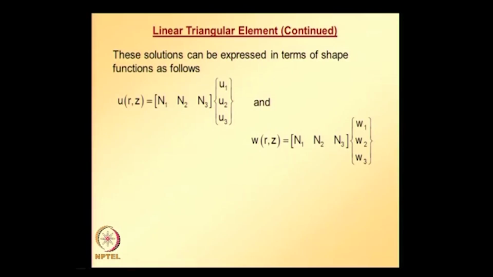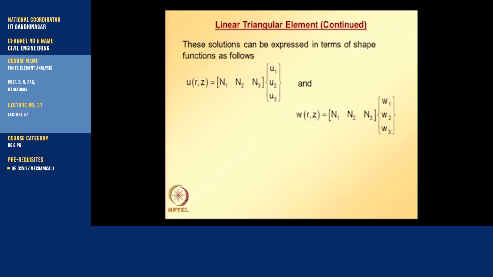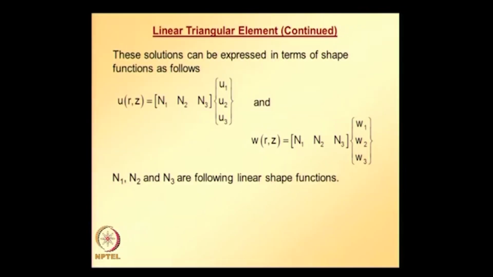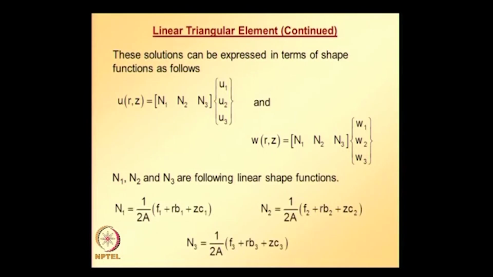This is similar to what we did for plane stress plane strain problems, where N1, N2, N3 are the linear shape functions for the 3 node triangular element, and N1, N2, N3 depend on the geometrical coordinates of the element. So, once the coordinates of the 3 node triangular element are given, we can easily figure out what N1, N2 and N3 are.